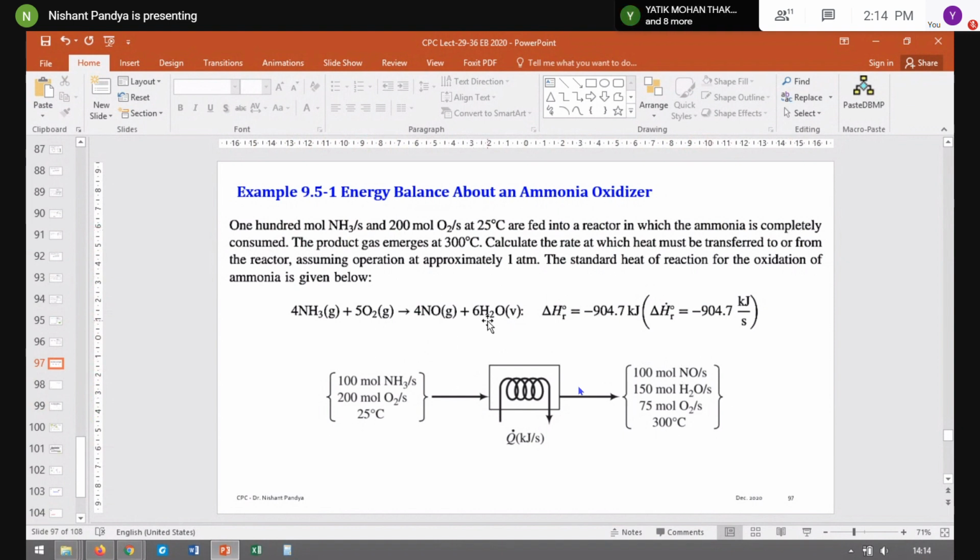And water is produced 4:6, so 100:150. And O2 is consumed 4:5. So for 100 mole of ammonia, the O2 consumed will be 5 by 4 times of ammonia. So 125 mole is consumed, and remaining O2 calculated here is 75. So that is the material balance part initially.